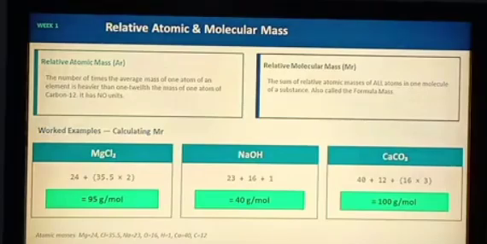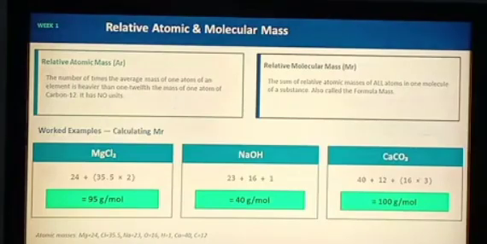That's how we call it relative. When you say relative, you take one thing and compare it to another, so as to get an accurate value. So relative atomic mass is comparing the mass of one particle whose mass is not known to the mass of another particle whose mass is known. But you are not comparing to the whole mass, you are comparing to 1/12.